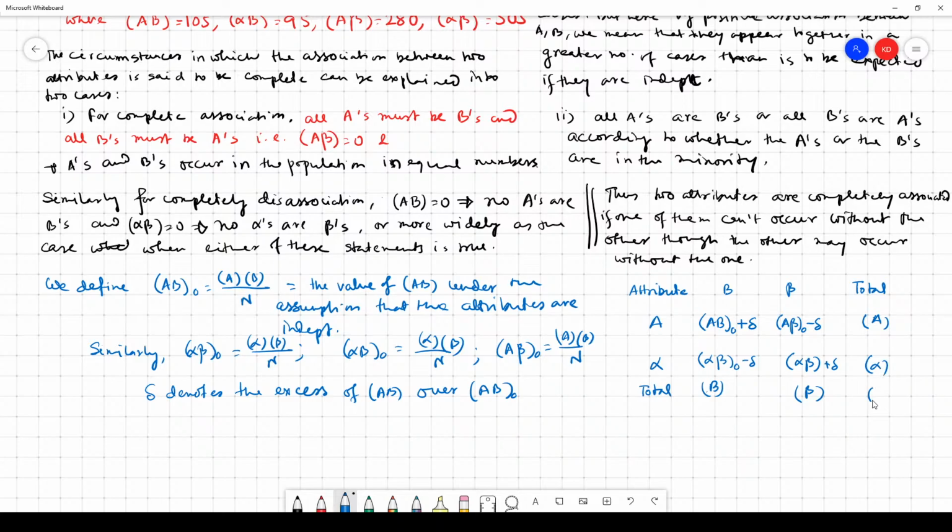This is alpha, and this is the total number of observations, capital N. So delta equal to AB minus AB naught equal to alpha beta minus alpha beta naught equal to A beta naught minus A beta equal to alpha B naught minus alpha B.